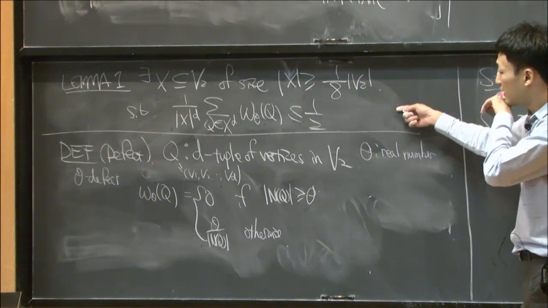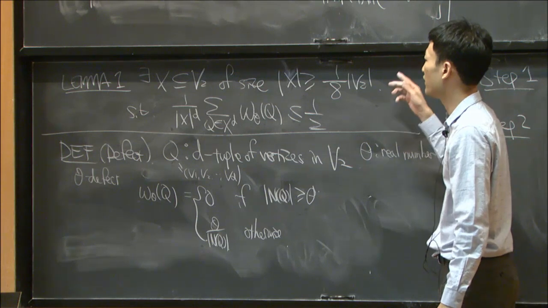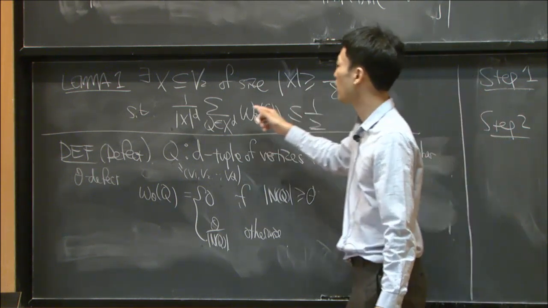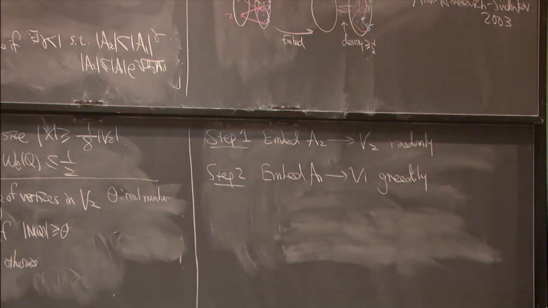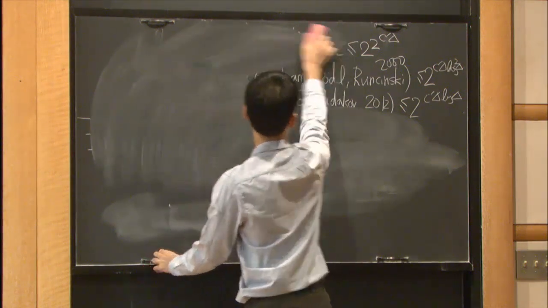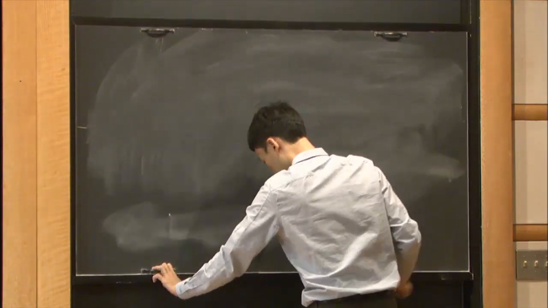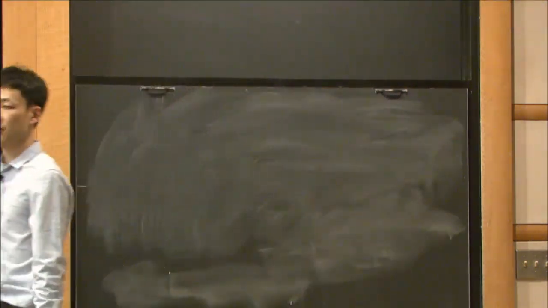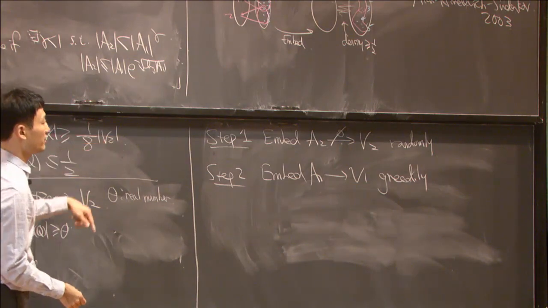So this lemma here can be proved using dependent random choice. I believe I don't have time, but if I have time, I'll come back to it. Let me show how to prove the theorem using that lemma. Let's go back to this thing. The first step, as I said, I want to embed A2 to V2 randomly.